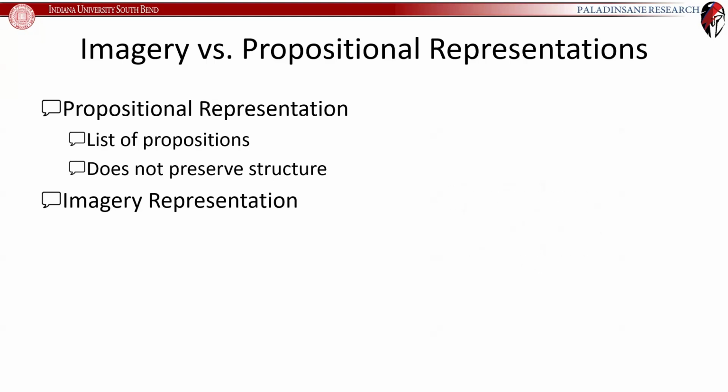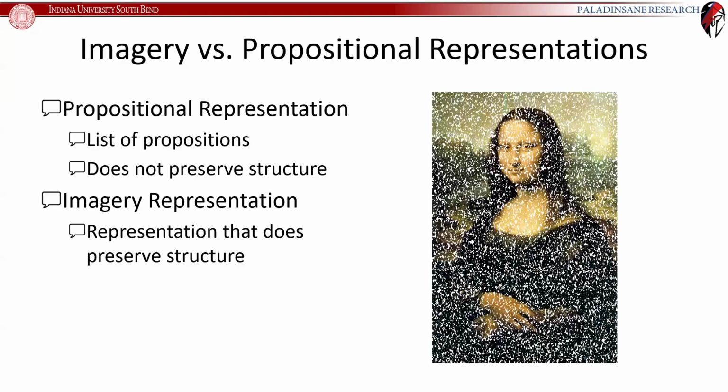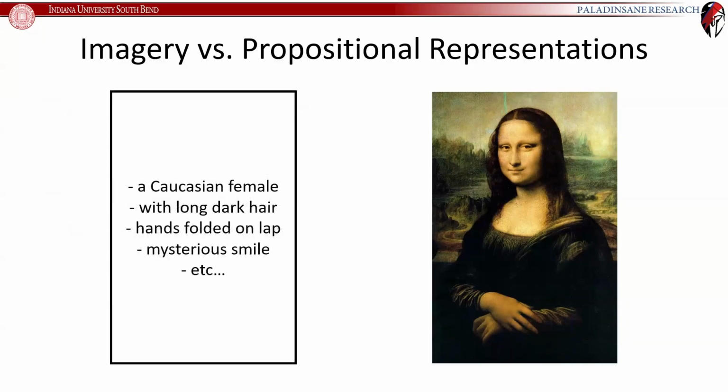On the other hand, we have imagery representations. And imagery representations are not necessarily pictures. They include pictures, but they are representations that do preserve the structure. So this is an imagery representation of the Mona Lisa, and we'll put her up beside the propositional representation of the Mona Lisa.